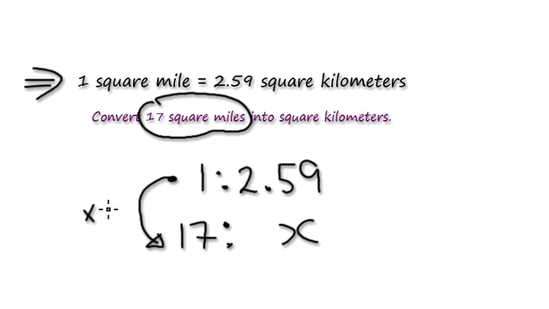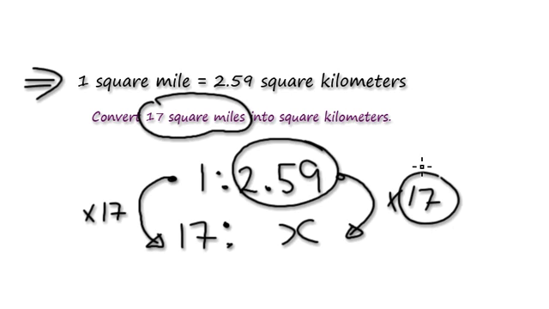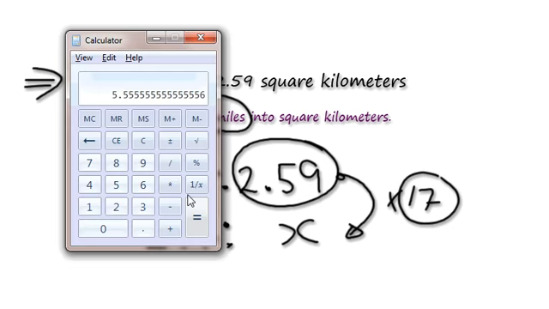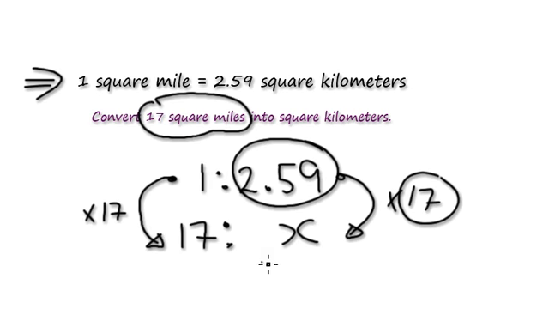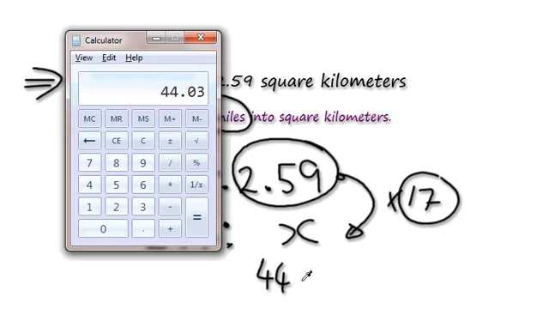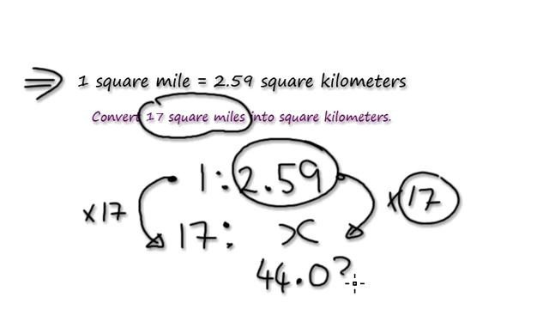You know you're going to times 17 on this side. So the answer is just this times this. You would jump to your calculator, clear it, 2.59 times 17 equals 44.03. So this is your answer. Okay.